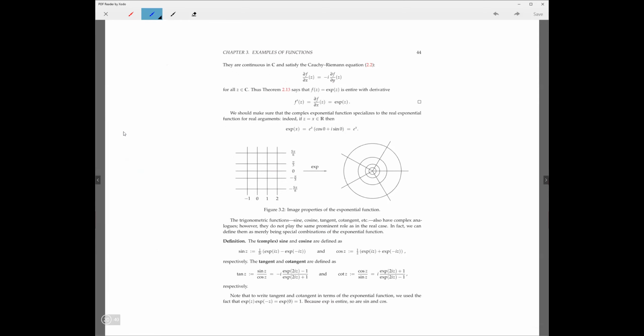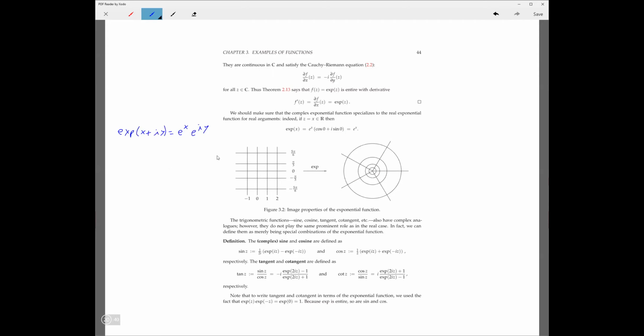So once again, the exponential function of z, or rather x plus iy, is equal to e to the x times e to the iy. So where to begin here?